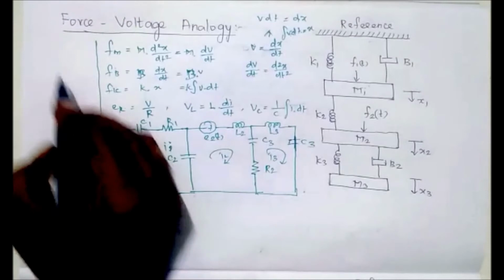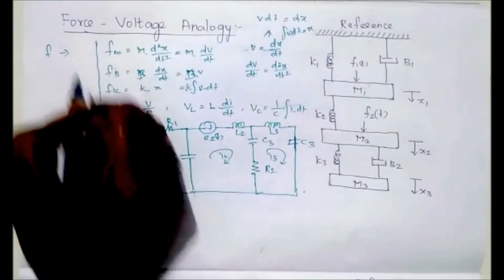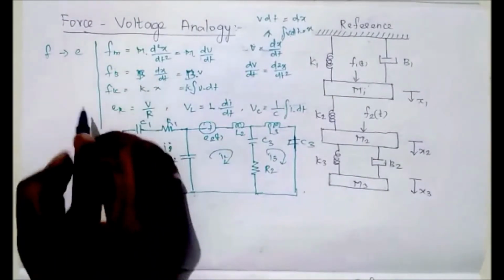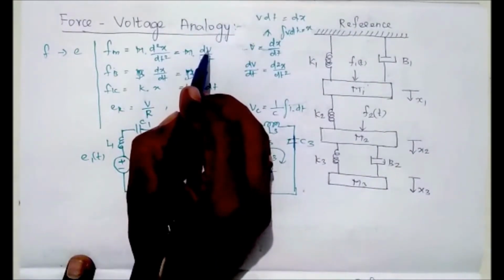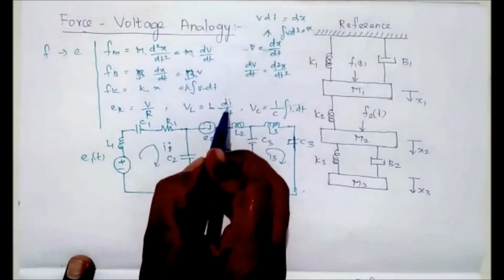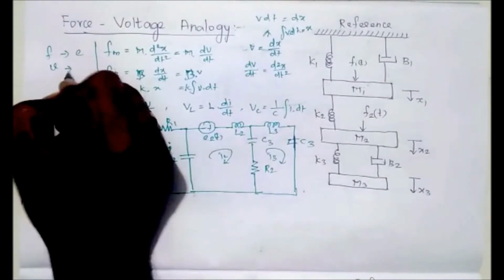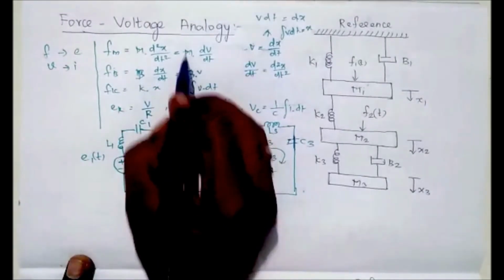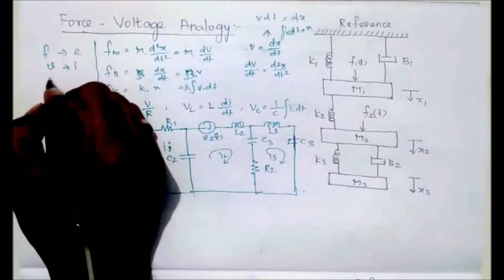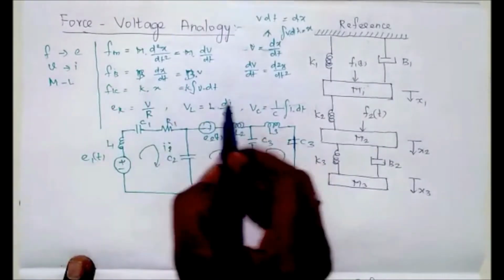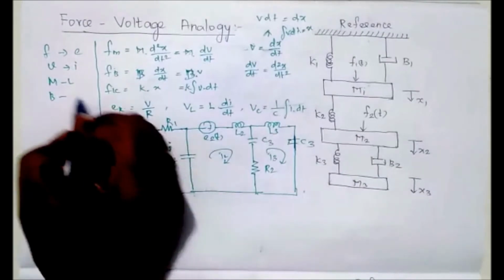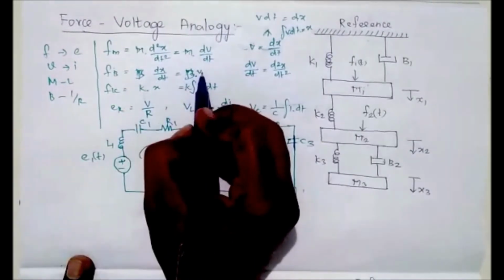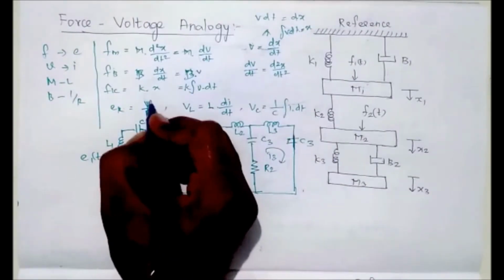So for force, here voltage. Next for mass: here velocity, here current. Therefore velocity corresponds to current, mass corresponds to inductor, and dashpot corresponds to resistance.